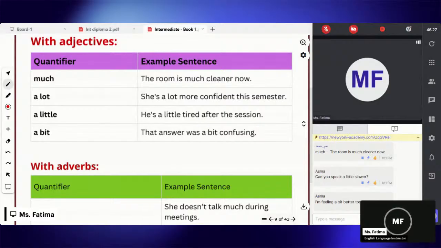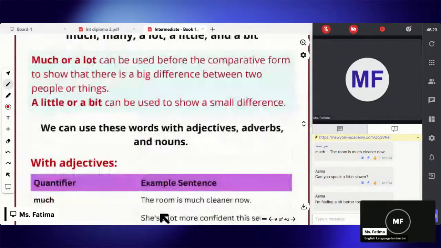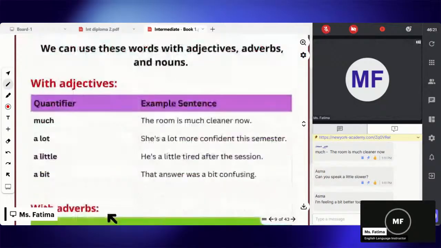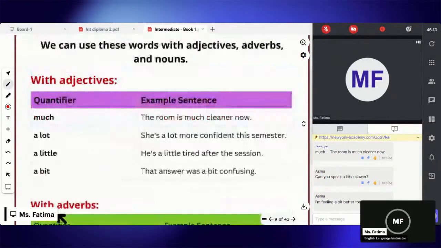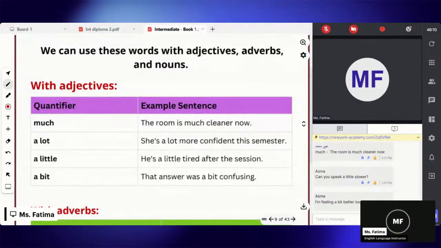So this is the difference between adjectives and adverbs. With adjectives, we describe the person itself or a thing itself, but with adverbs, we're describing a situation or an action.